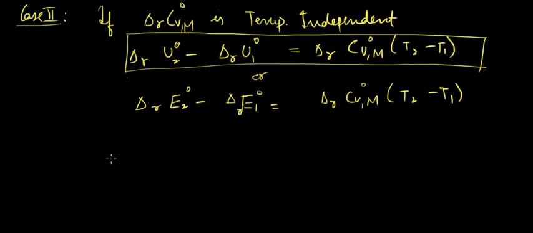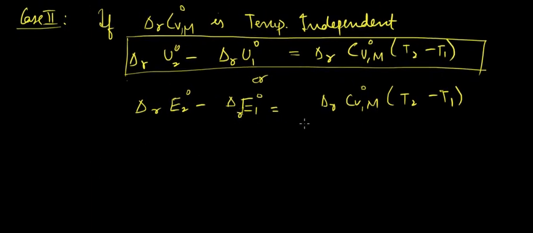Next, let's see the case when delta R CPM naught is temperature dependent from T1 to T2.